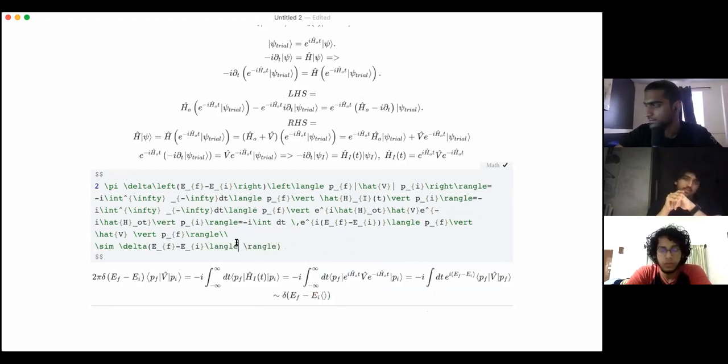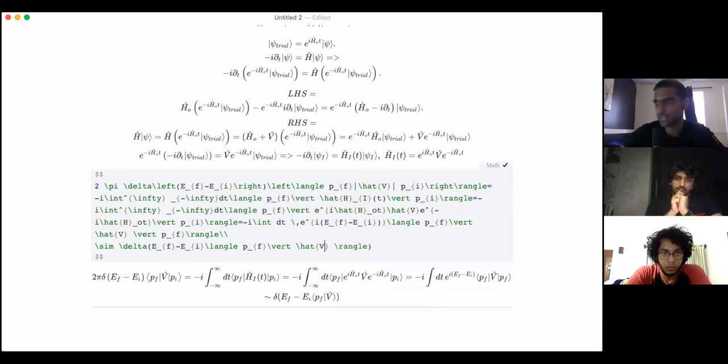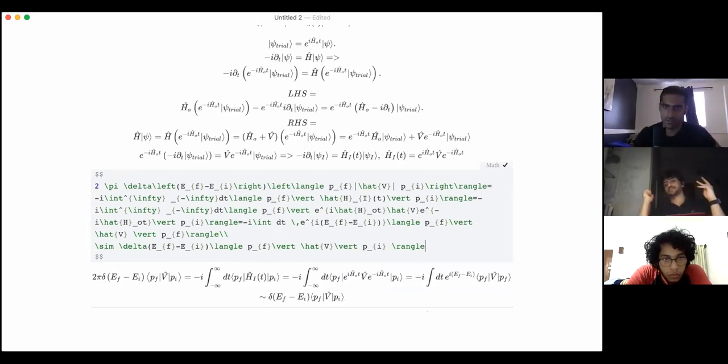The 2 pi is also picked up during the Fourier transform. I just haven't committed to conventions of the Fourier transform and the inverse Fourier transform, so I'm shy from writing it down, but that's where the 2 pi comes from.